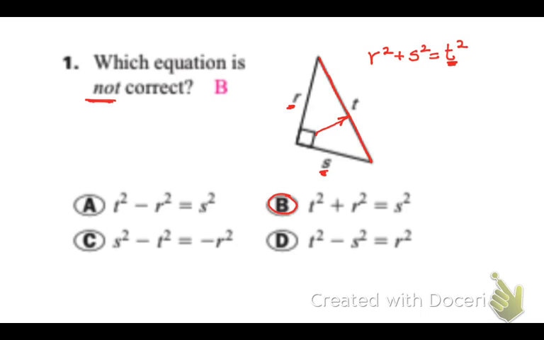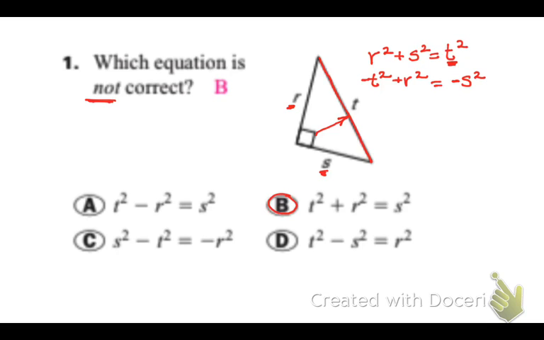So let's look at A. If I try to put s squared by itself, I can subtract s squared from both sides. I can then move t squared to the left side, plus r squared.